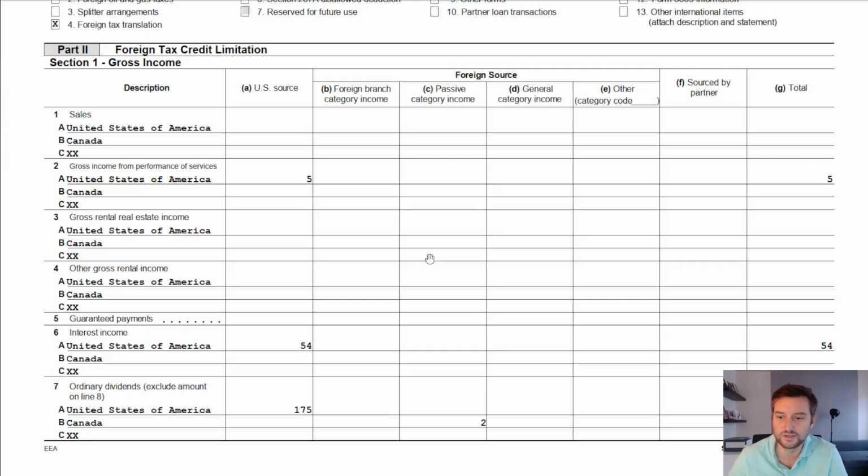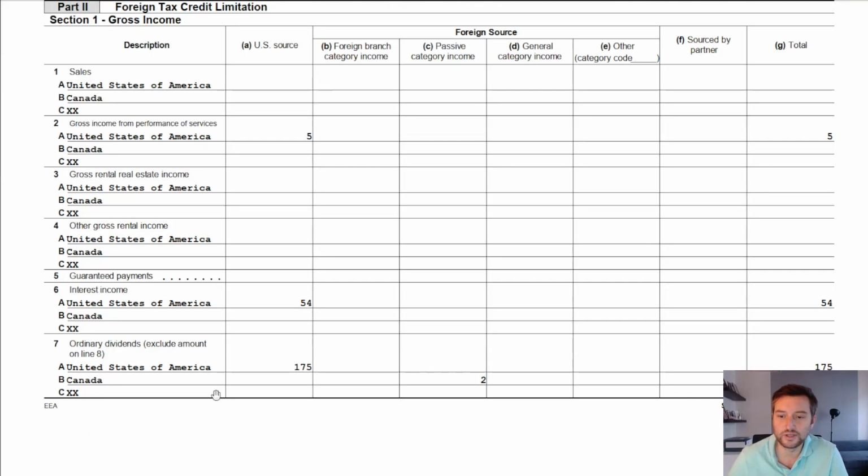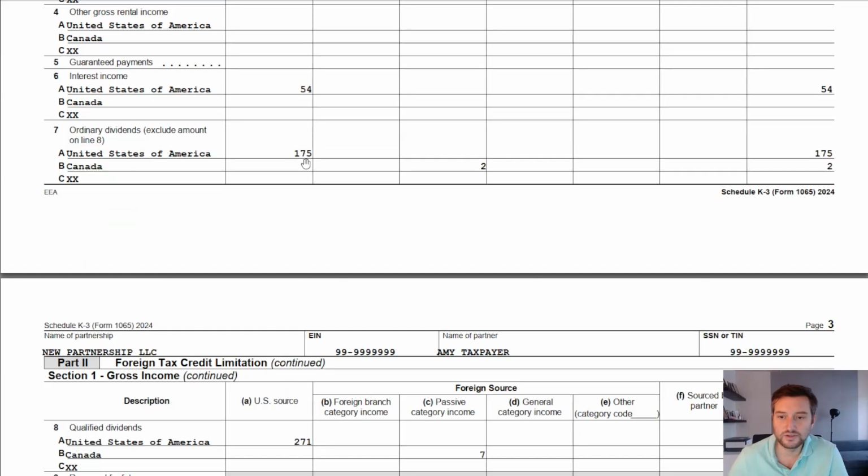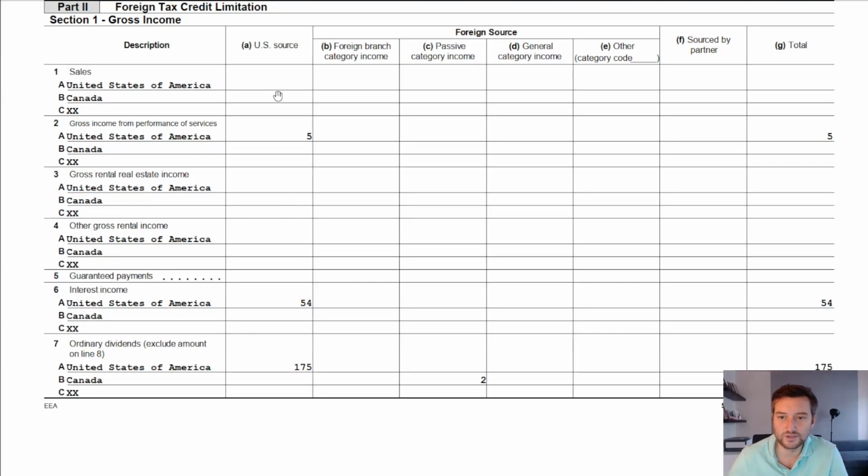But in this case, for example, if we look at Section 1, line 7, we can see the ordinary dividend income here. What they've done is they've let us know that, okay, of all the ordinary dividend income that's being allocated to you, there's $175 that is U.S. source. So we have the U.S. source, 175, and it's coded to the U.S. And then the foreign source passive category income, we have $2 that's being allocated from Canada.